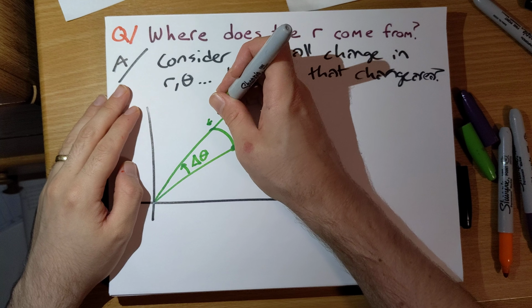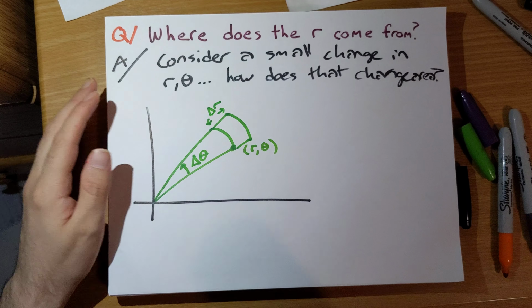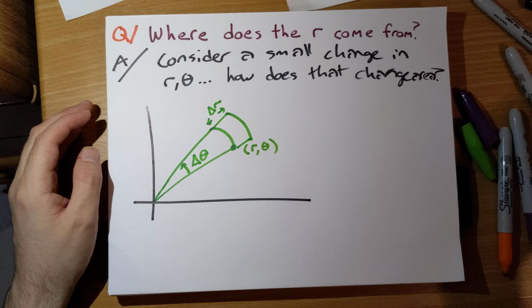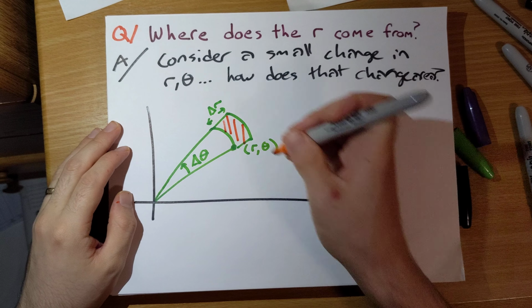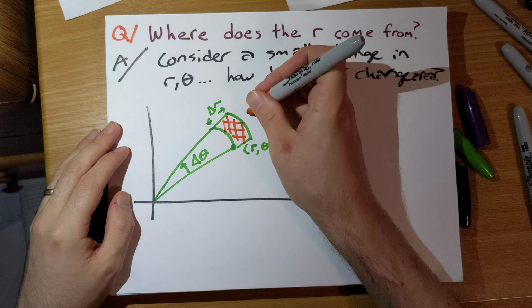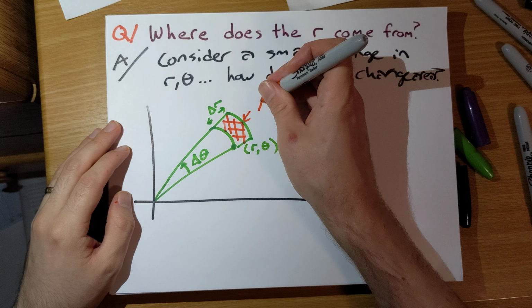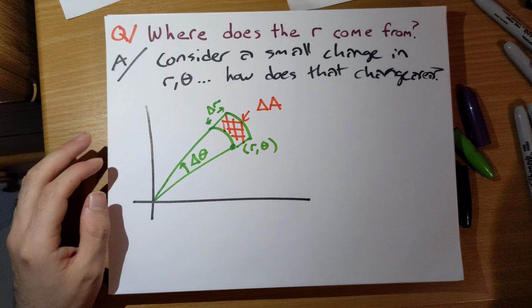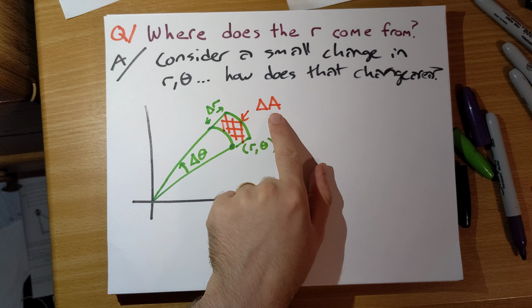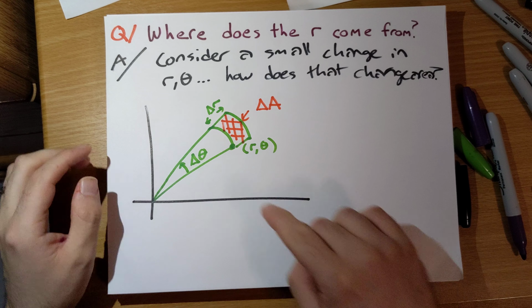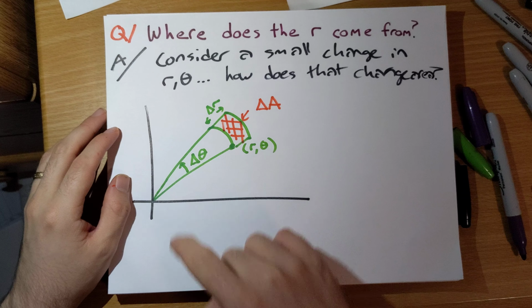So that right there is our change in r. And then we've acquired this new area right here. This is the change in our area.